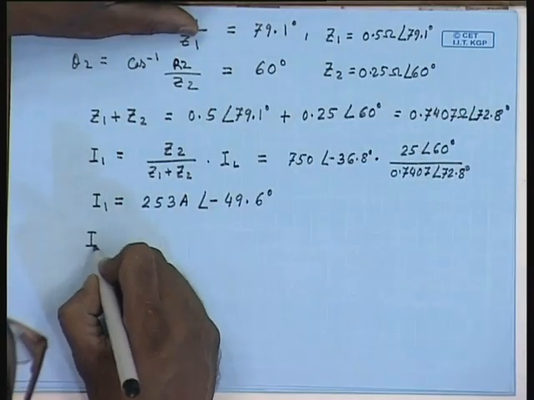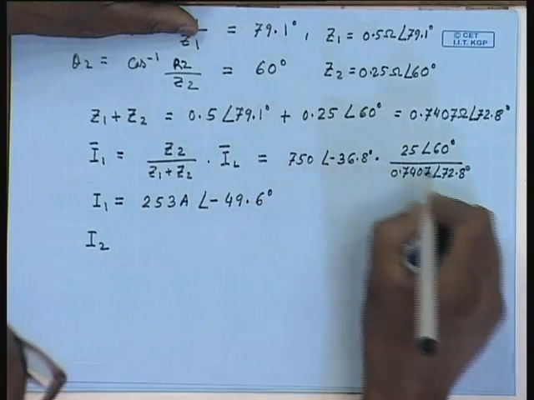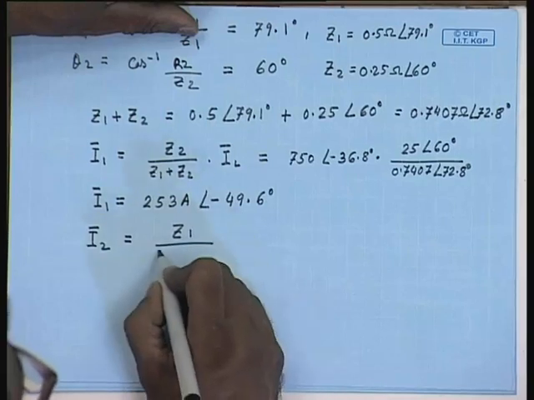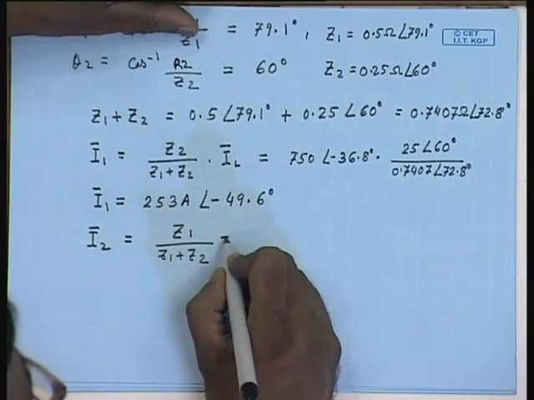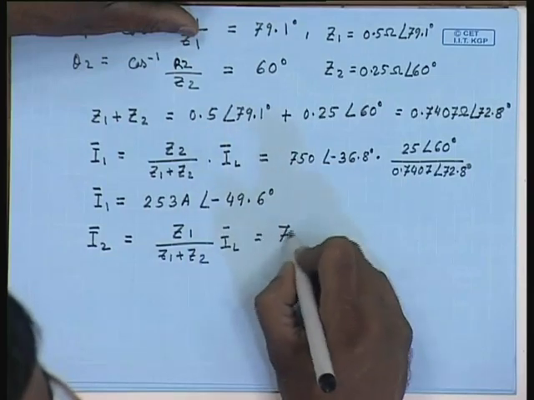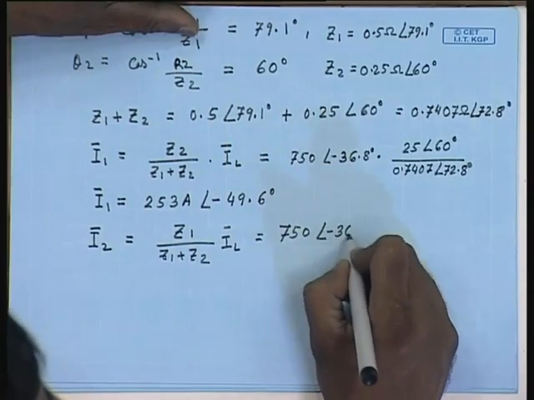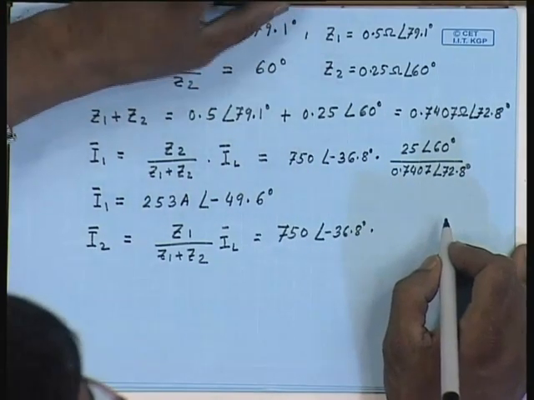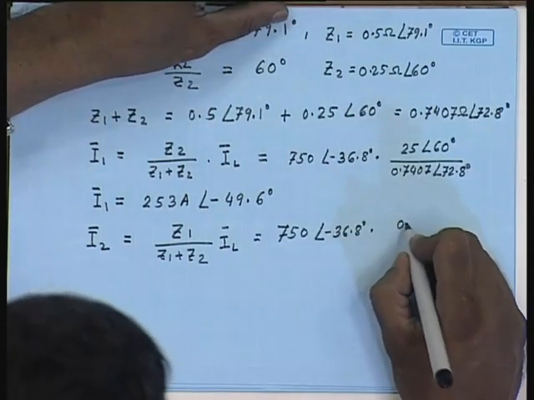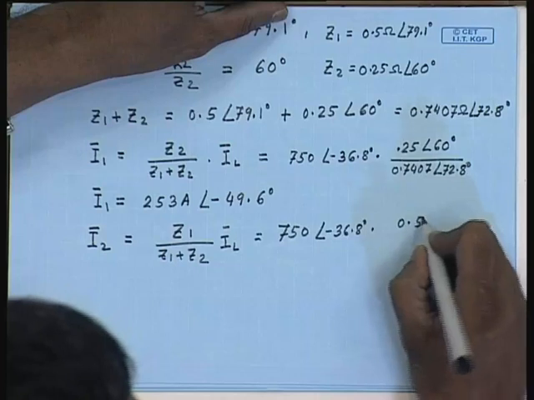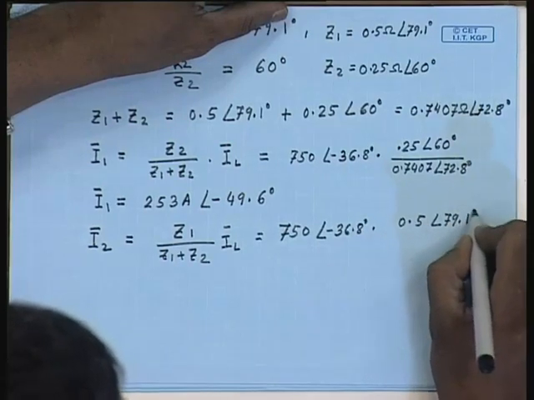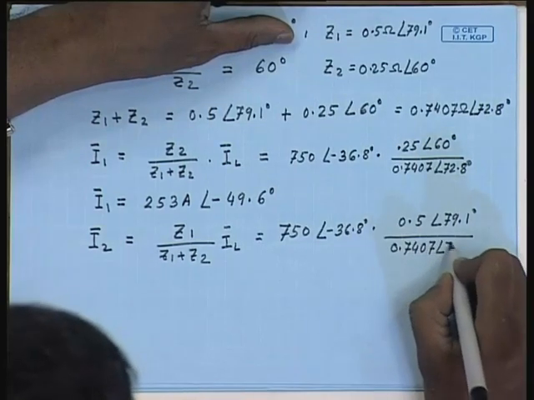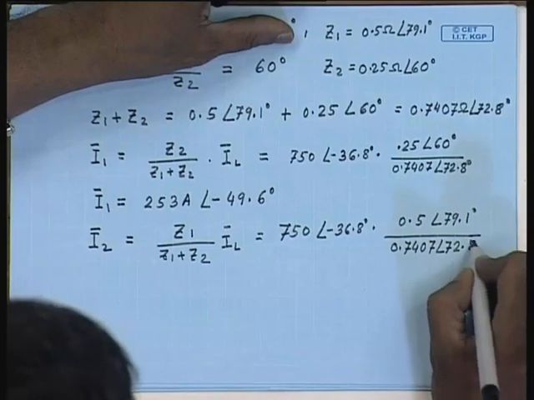Similarly, I2 equal to Z1 divided by Z1 plus Z2 IL equal to 750 angle minus 36.8 degrees into Z1 is 0.5 angle 79.1 degrees divided by 0.7407 angle 72.8 degrees.